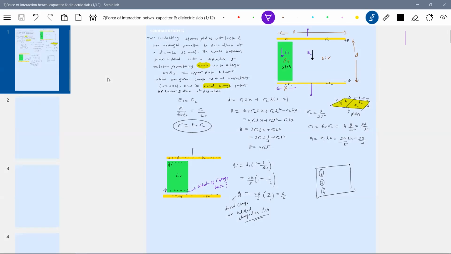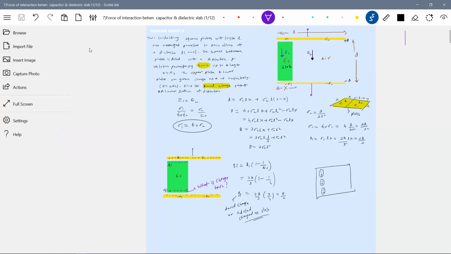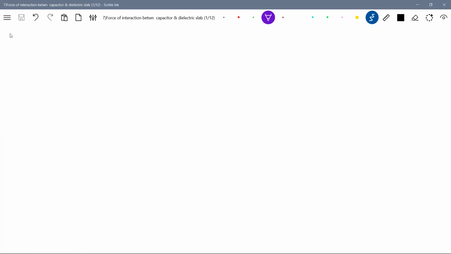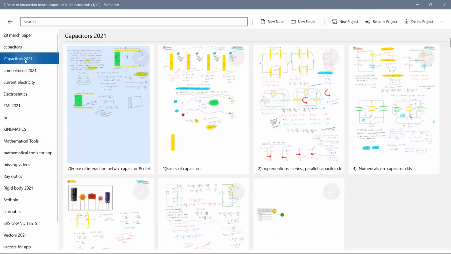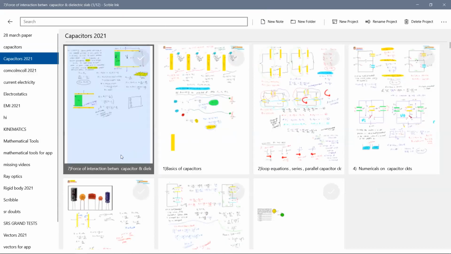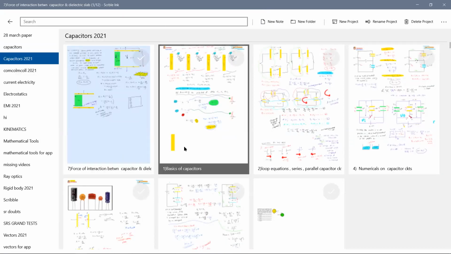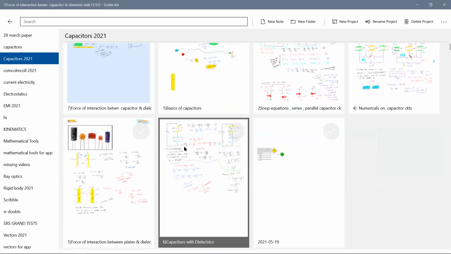Okay, now yesterday's question, can you answer it now? Capacitors with dielectrics.